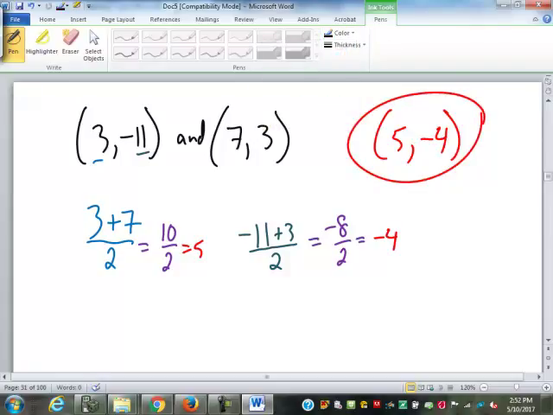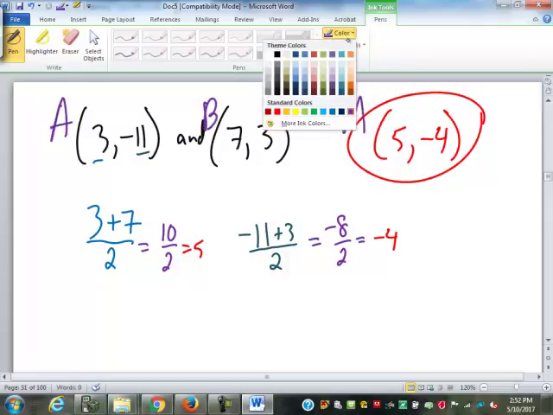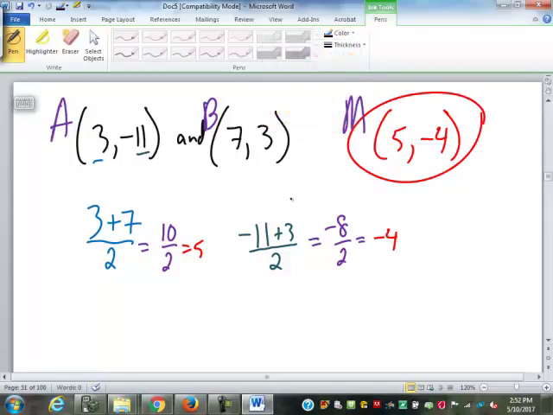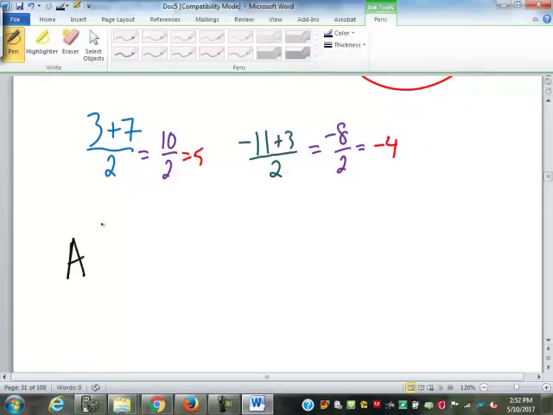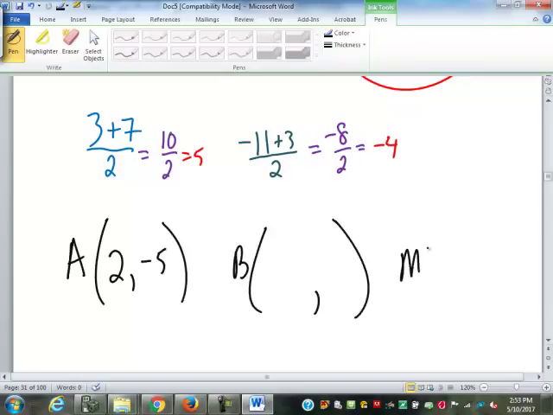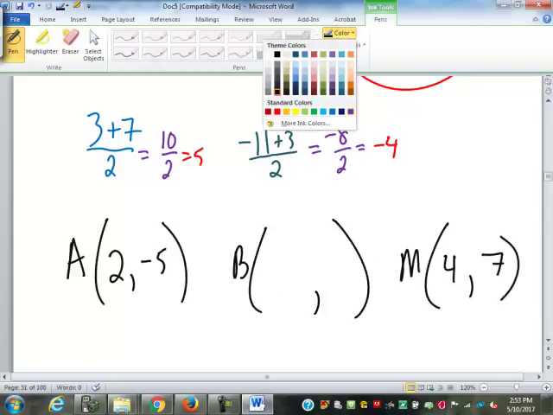Now remember, we called these points A and B, and this was the midpoint, point M. I might give you that point A is 2, negative 5, and give you that the midpoint is 4, 7, and ask you to find point B. This was a little trickier.